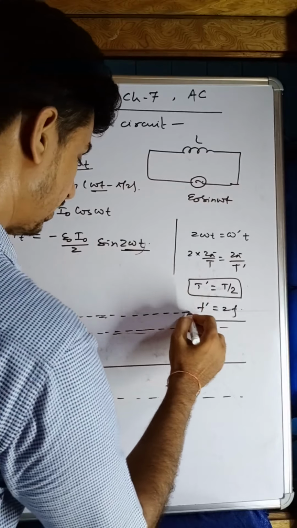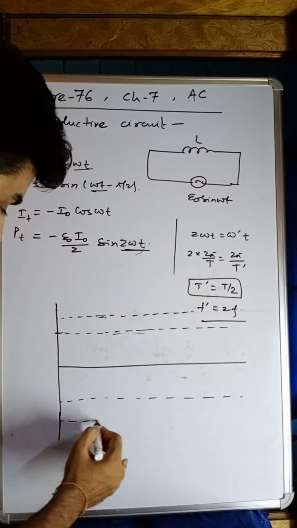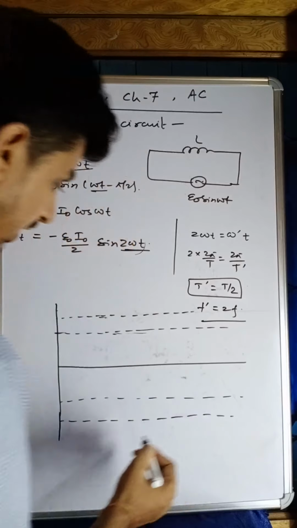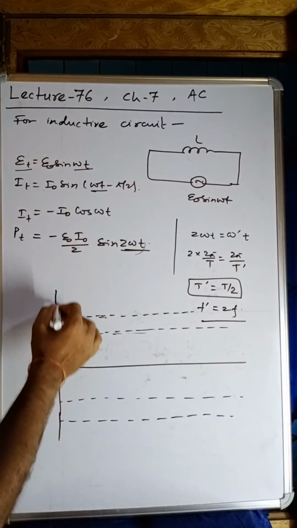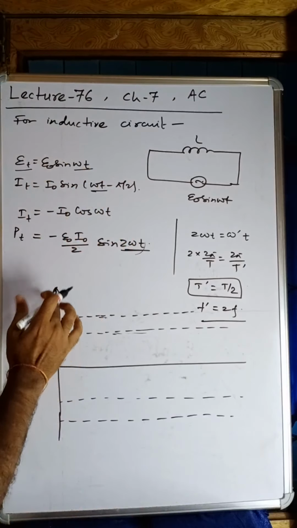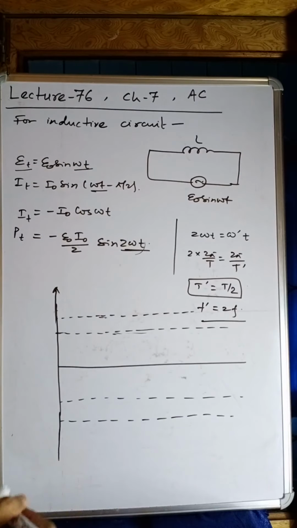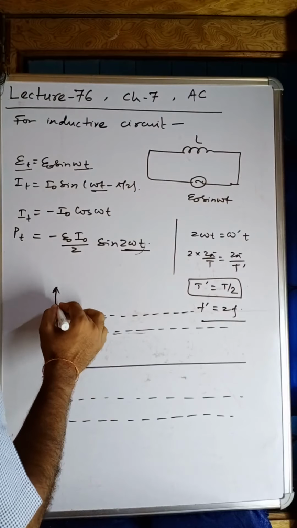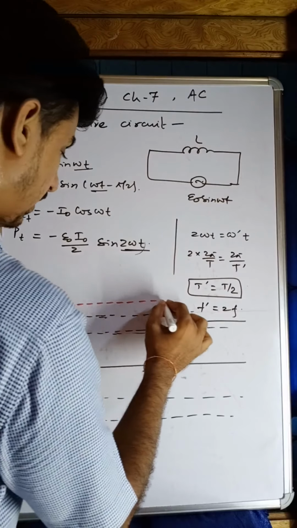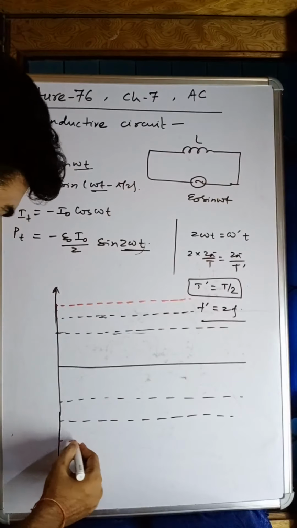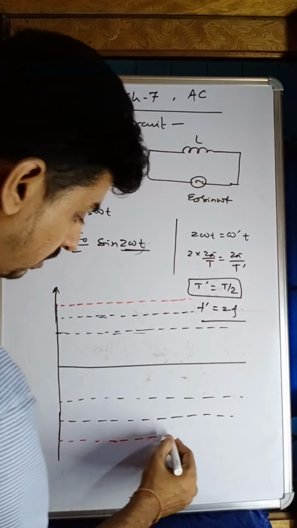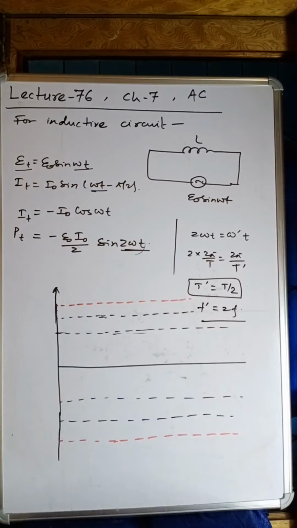Right now I am drawing the one for the voltage. But what about the power, my dear students? The power amplitude will be greater than these two, current and voltage. So this red one is the graph of the peak value of power.